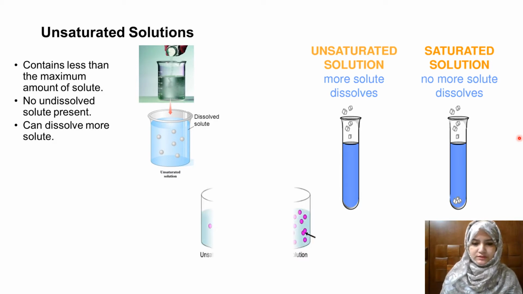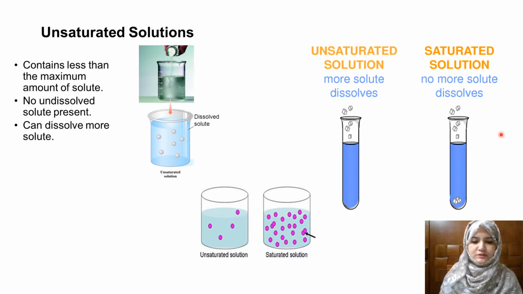Look at this picture. These two pictures show you the distribution of solute particles in the solutions. This is an unsaturated solution and this is a saturated solution, and you can easily observe that in the unsaturated solution a smaller number of solute particles are present than in the saturated solution.